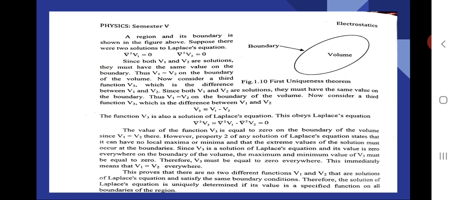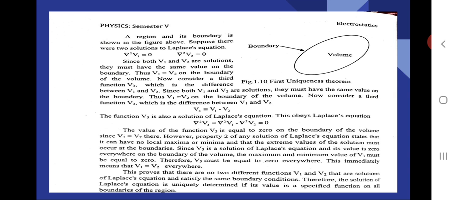Therefore, the function V3 is also a solution of Laplace equation. This obeys Laplace equation. It is del square V3 is equal to del square V1 minus del square V2, which is equal to 0 because V1 is equal to V2. Therefore, del square V3 is also equal to 0.